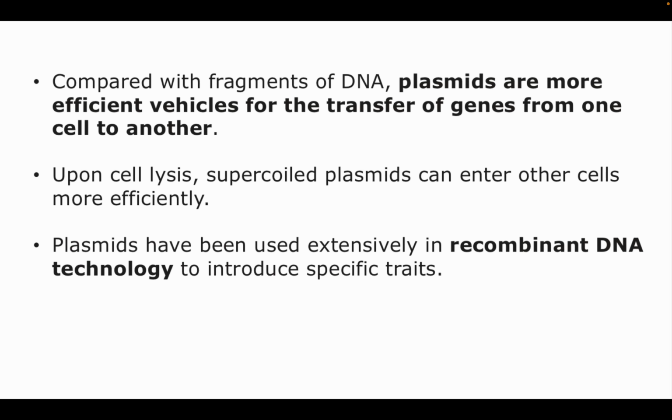Compared with fragments of DNA, plasmids are more efficient vehicles for transfer of genes from one cell to another. Upon lysis, the supercoiled plasmids can enter other cells more efficiently, and plasmids have been used extensively in recombinant DNA technology to introduce specific traits.